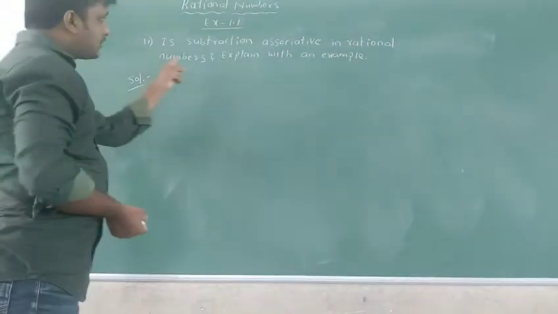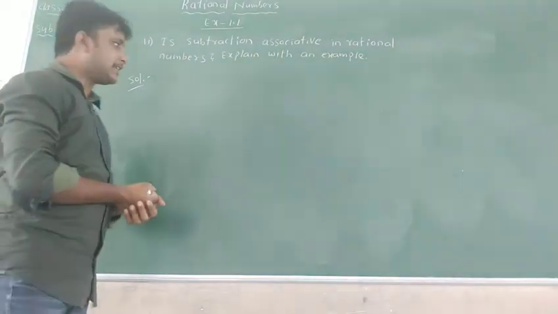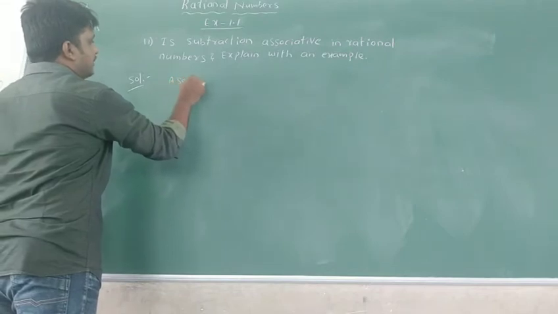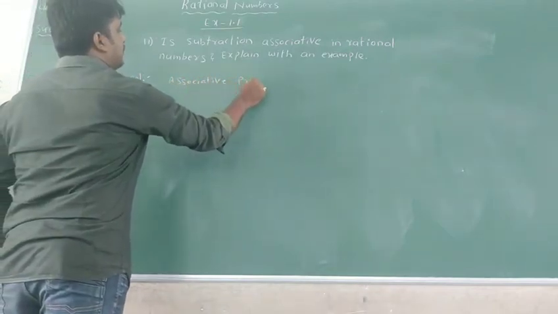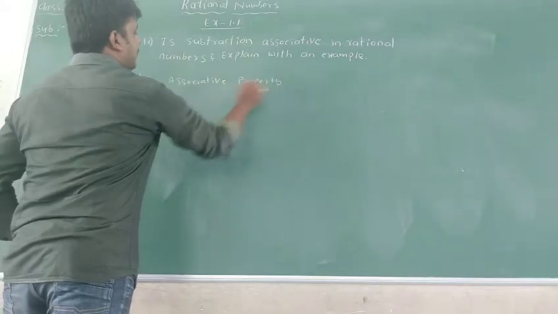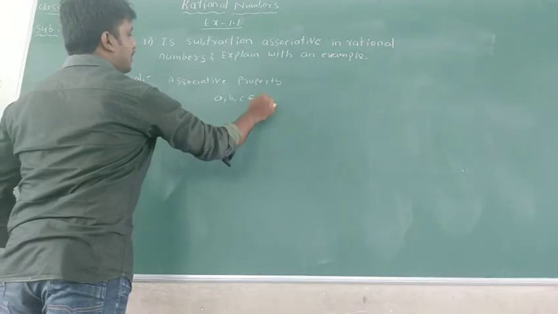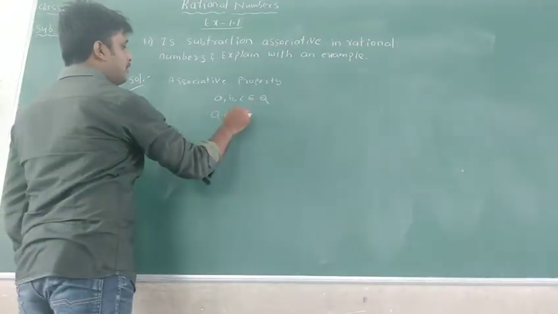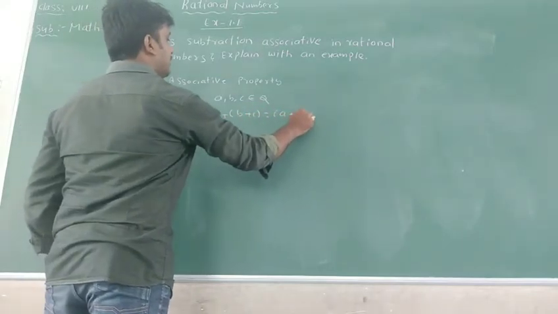The next question: is subtraction associative in rational numbers? Explain with an example. First, what is the associative property? If a, b, c belong to rational numbers, then a plus (b plus c) is equal to (a plus b) plus c.